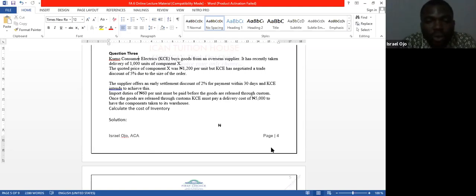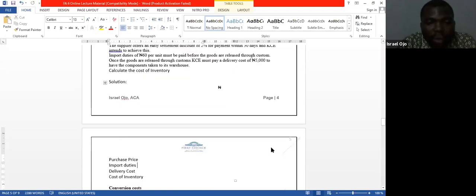So let's go down here. So we have purchase price. For us to get our purchase price, we have 1,000 units times how much do we purchase? We purchase at 1,200. But are we paying 1,200?